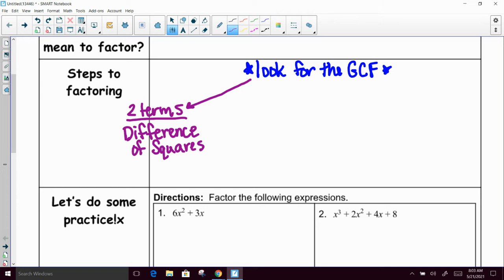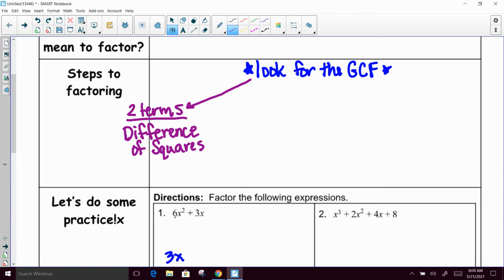6x squared plus 3x. Okay, I'm trying to figure out what is the largest factor that both of these are divisible by. Well, 6 and 3 are both divisible by 3. And then I've got an x squared and an x, so they both have an x in common.